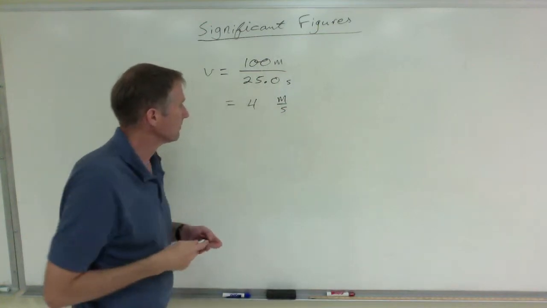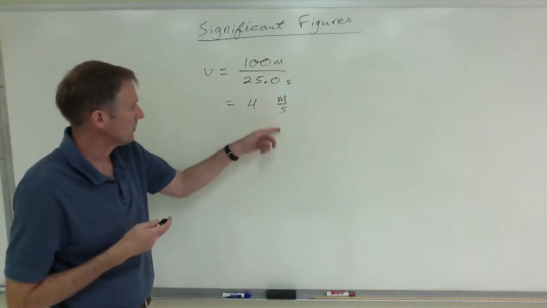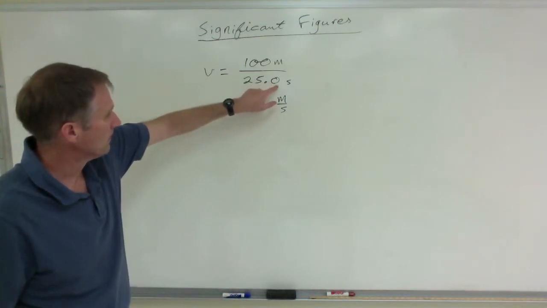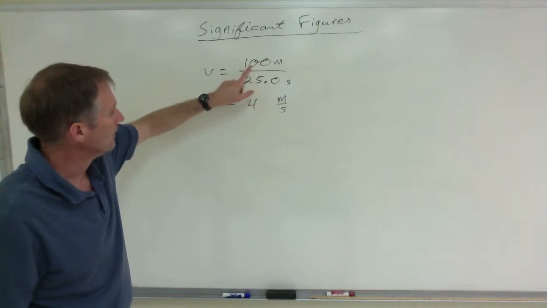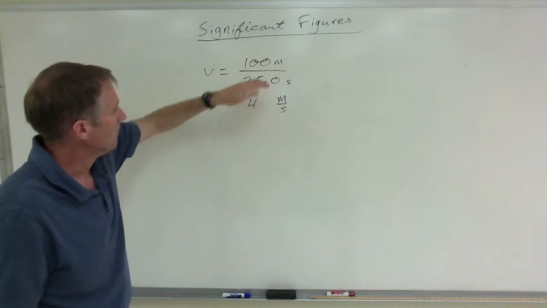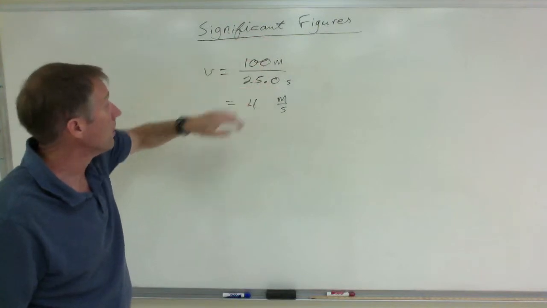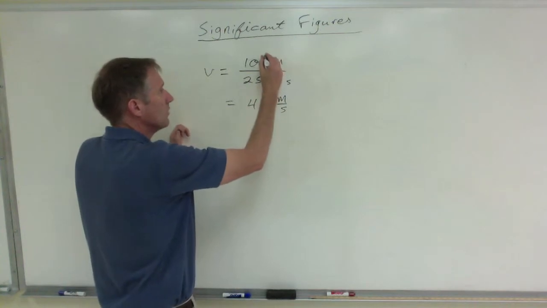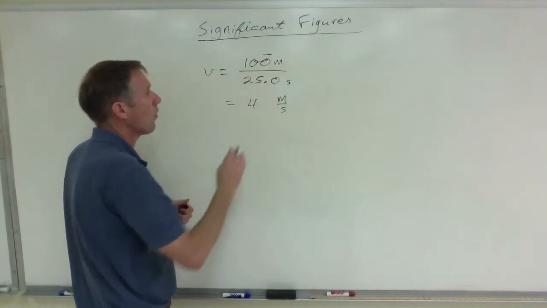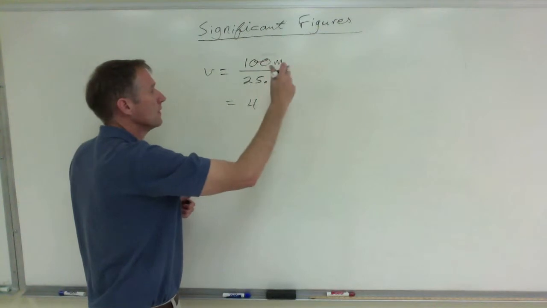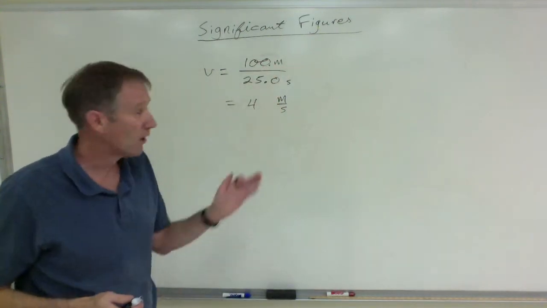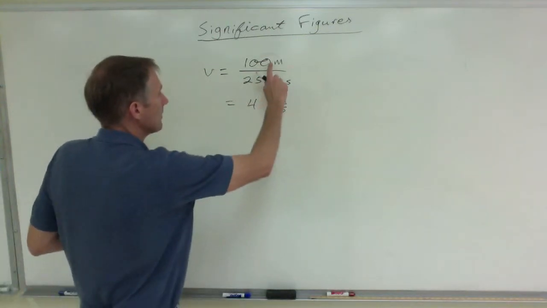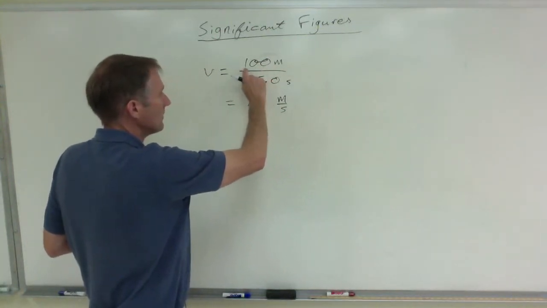Now the question is, is it 4 or is it 4.0 or is it 4.00? Well, this has 3 significant digits. This only has 1. This isn't 100. We don't know. If you wanted to make all 3 of these significant, you could put a line over that 0. Or sometimes you'll see a dot right there without another digit to the right of it, because that would make it 4 significant digits. But I didn't do that.